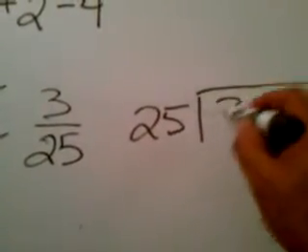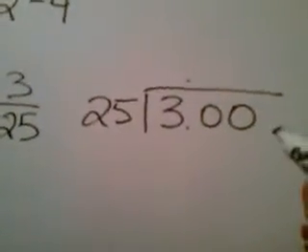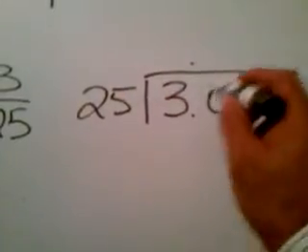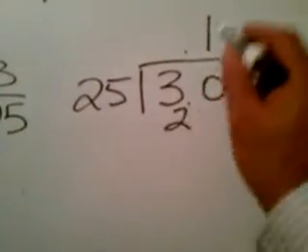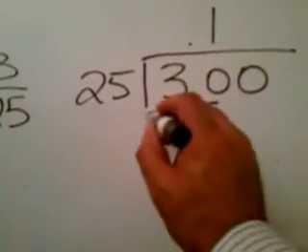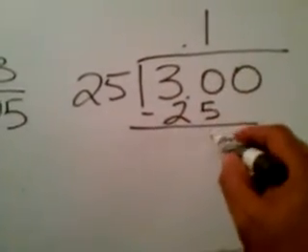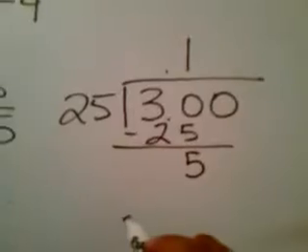Now let's divide. I'm going to set up my problem like this and bring my decimal point up. How many times can 25 go into 30 without going over? 1 time. 1 times 25 is 25. 30 minus 25 is 5.